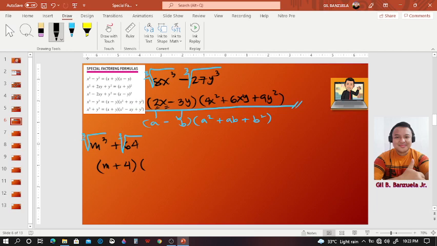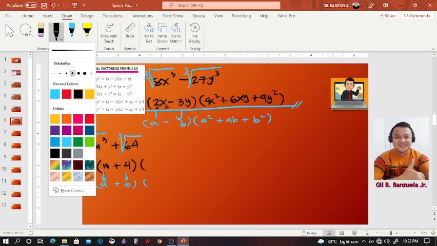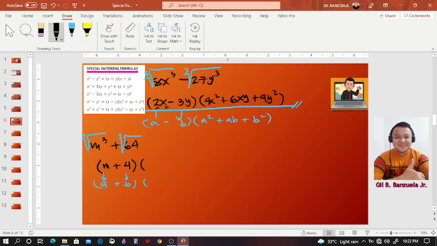And now, basically, in sum of two cubes, alright, this is your A, again, and this is your B. And of course, the operator is plus. So, what we expect on the other factor is the square of A pa rin, guys. But this time, the middle term or the second term of the trinomial, or the product between A and B, will turn into minus.